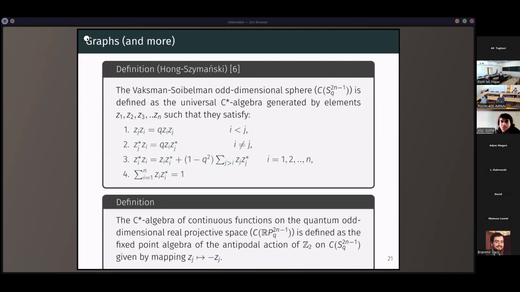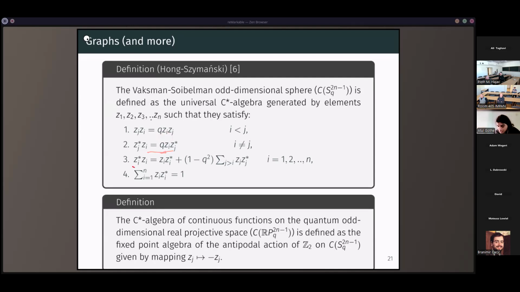So the odd dimensional Vaksman-Soibelman sphere is defined as the universal C star algebra generated by n elements Z1, Z2, ..., Zn, such that they q-commute with each other. That is, Zj Zi is q Zi Zj. Zj star Zi is q Zi Zj star.